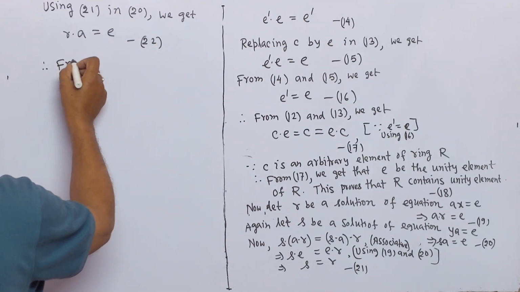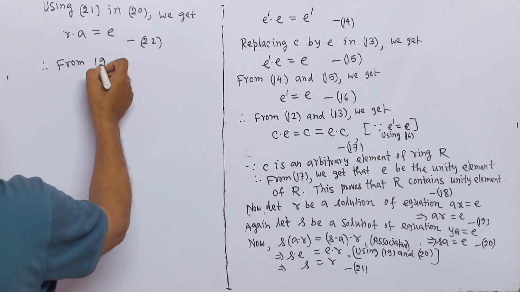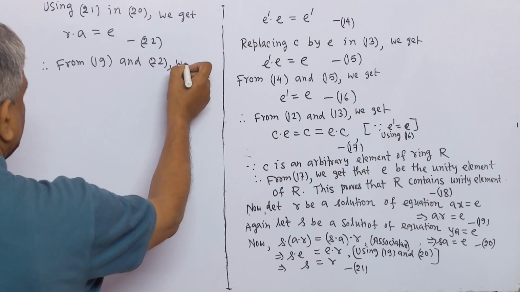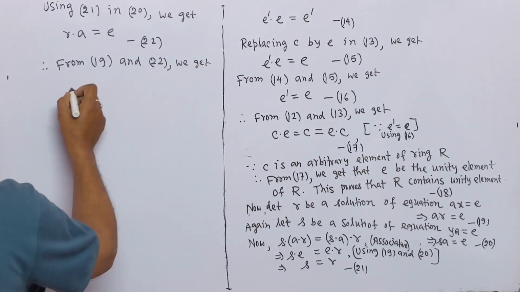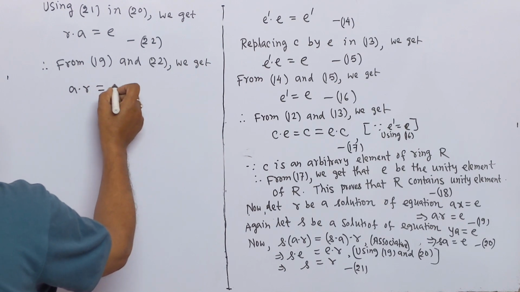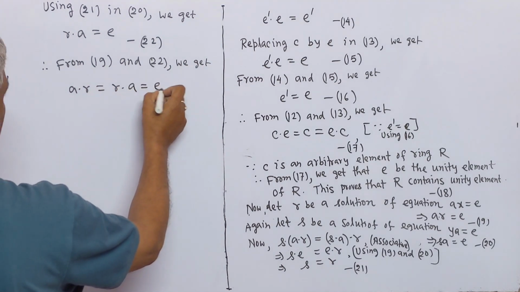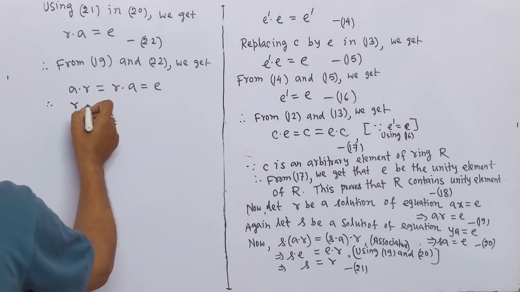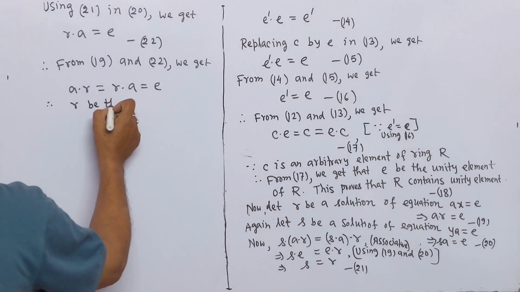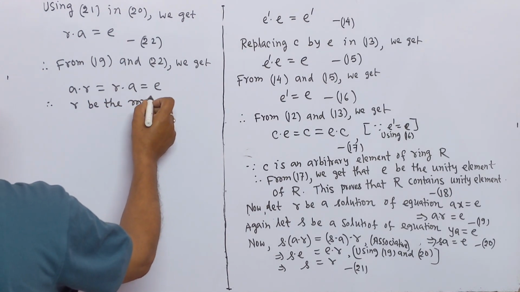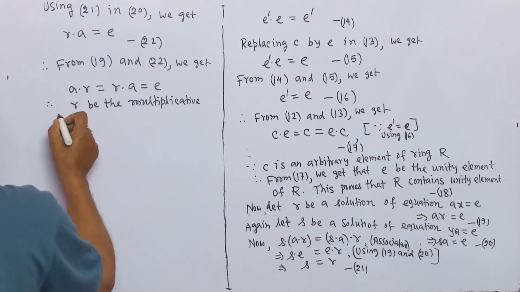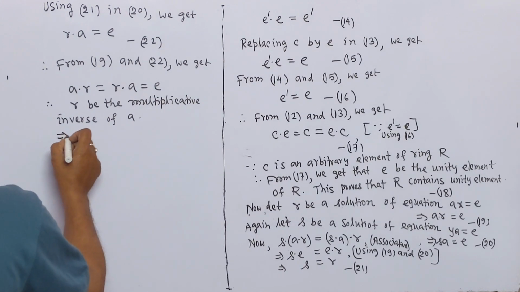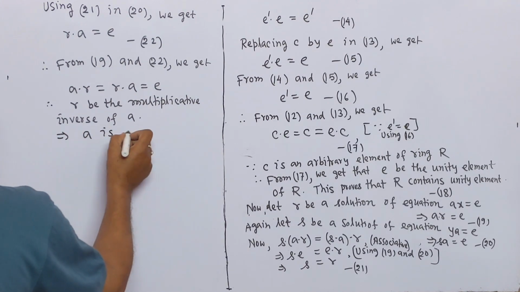Therefore, from 19 and 22, we get A multiply R equal to R multiply A equal to unity element. Therefore, R be the multiplicative inverse of A, implies that A is a unit.